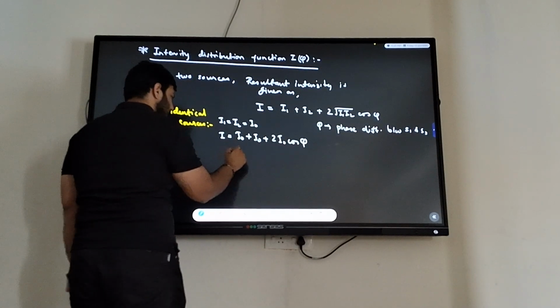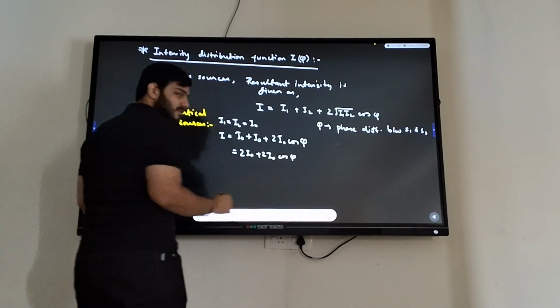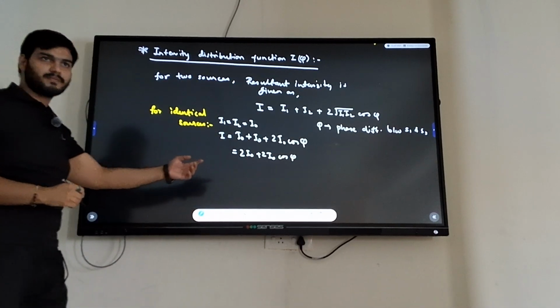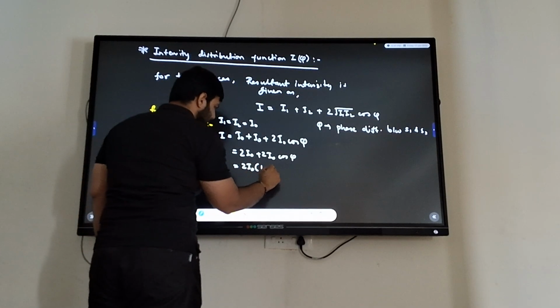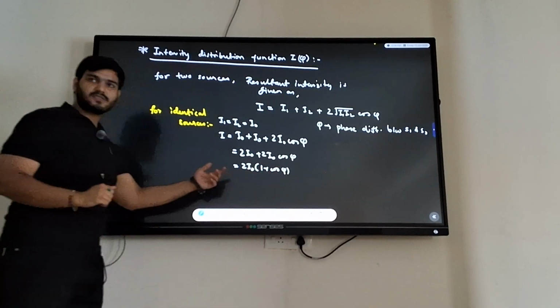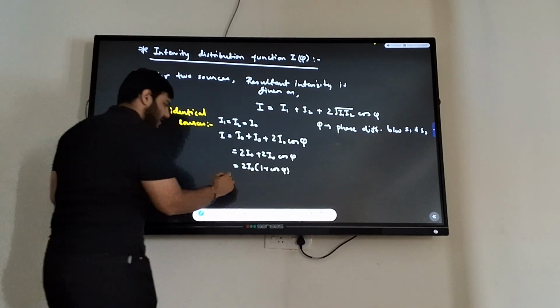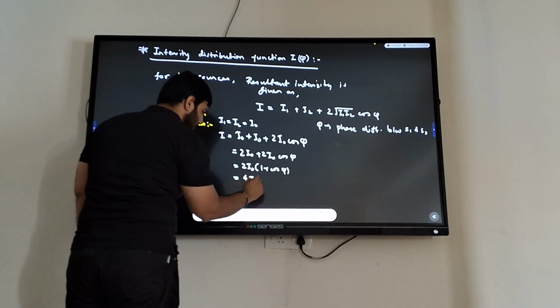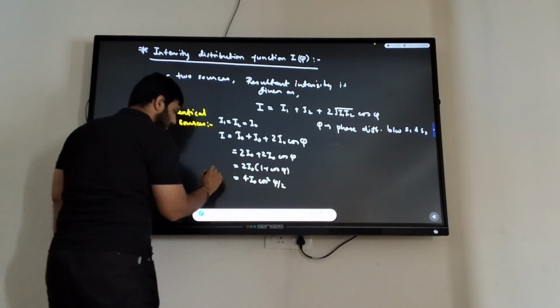This will be 2I0 plus 2I0 cos phi. Is there any problem here? Then let me take 2I0 common: 1 plus cos phi. What is 1 plus cos phi? 2 cos square phi by 2, so it becomes 4I0, and here you get I as a function of phi.